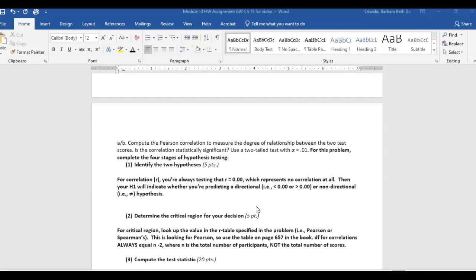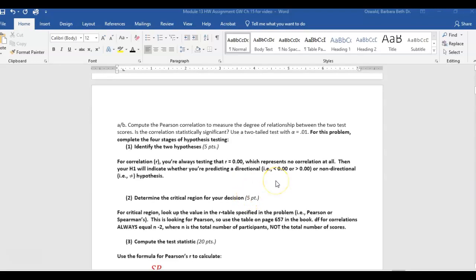And then the alternative should indicate whether we're predicting a directional, where we're saying that the correlation will be negative or less than 0, or positive greater than 0, or non-directional, not equal. So use symbols to state your hypotheses following the example in practice problem 15.1. So you will notice, by the way, that this assignment is very, very similar to practice problem 15.1.